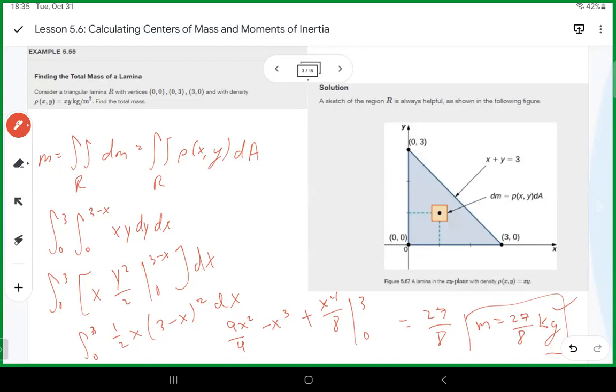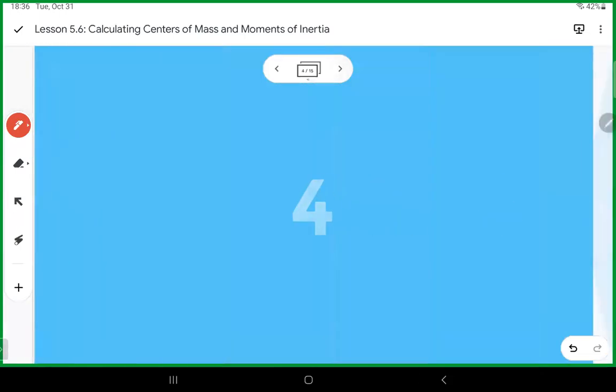Sorry, this is being so stupid. Okay, finally. Not moving that much, but at least it was letting me go up and down. Whatever. All right, next.